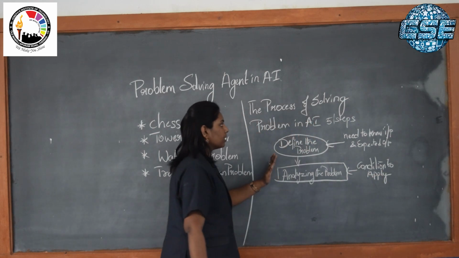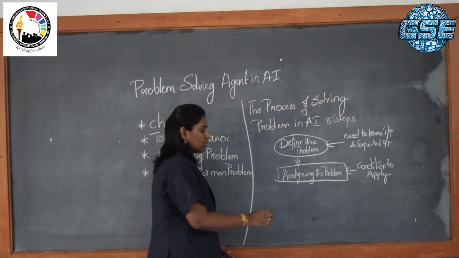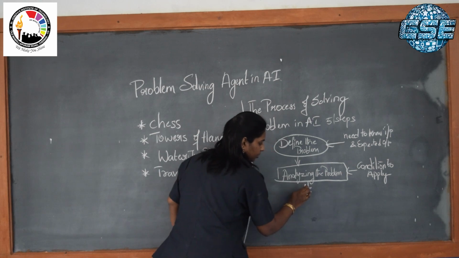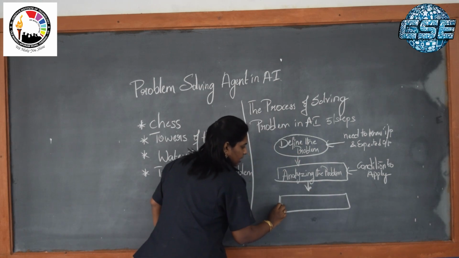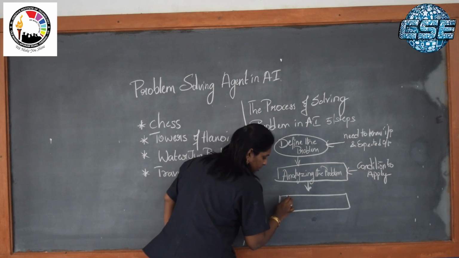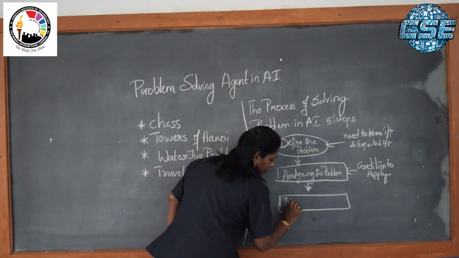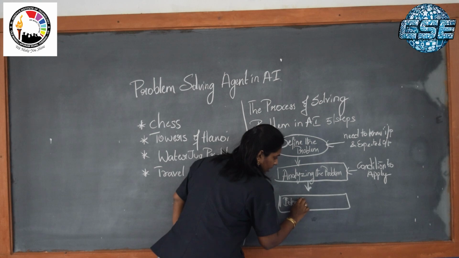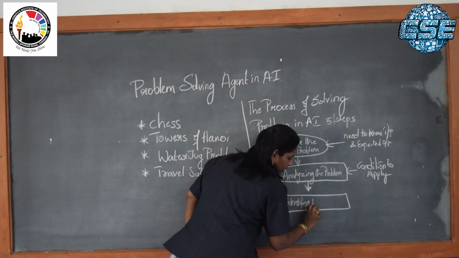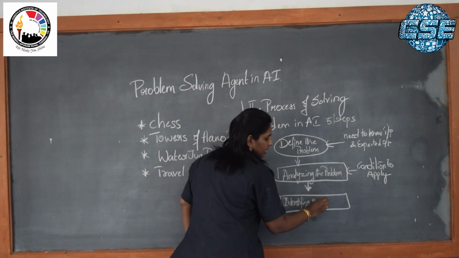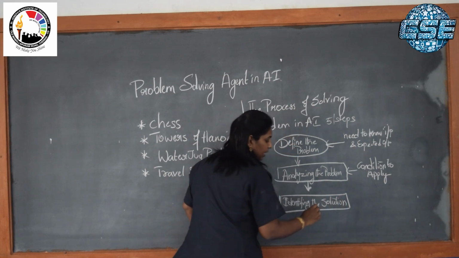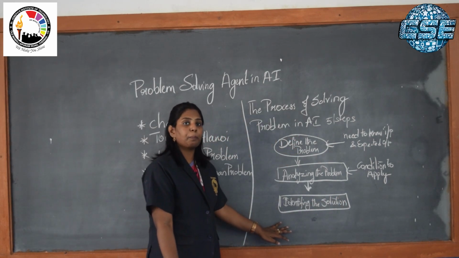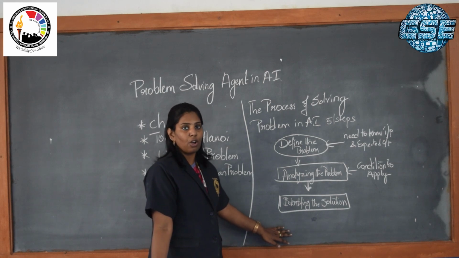Next is identifying the solution. After analyzing the problem we need to identify the solution. We identify the solution by applying different types of methods on the problem.